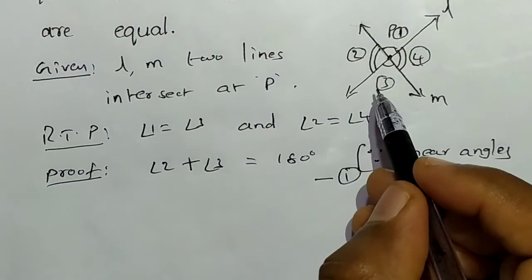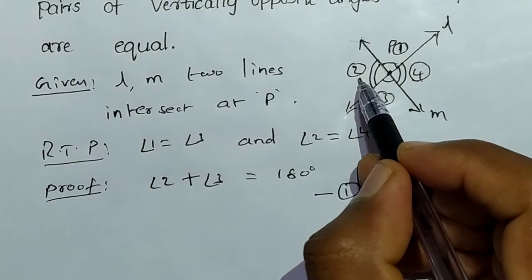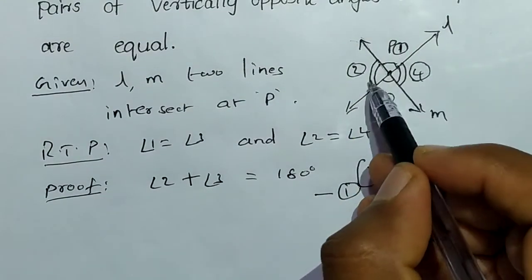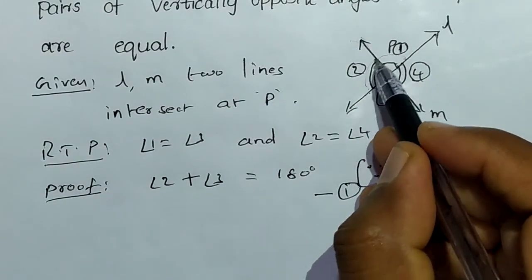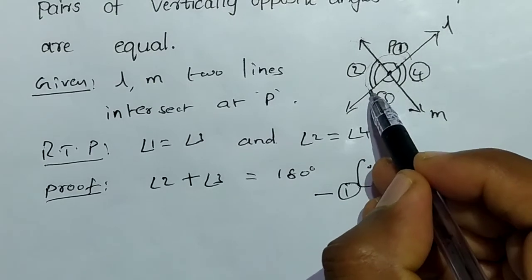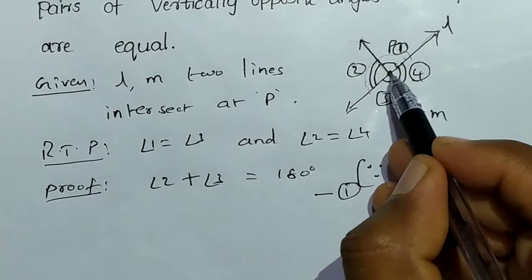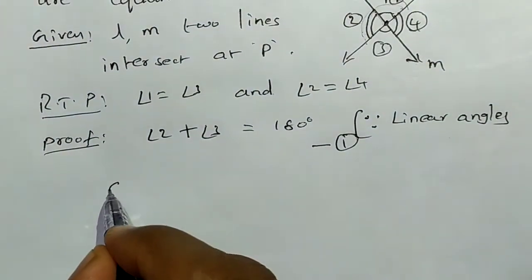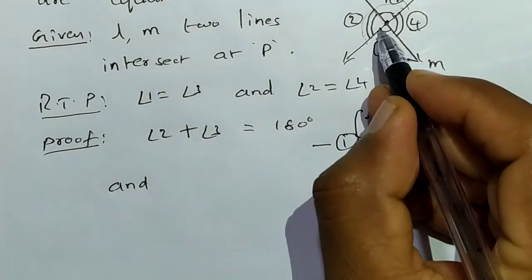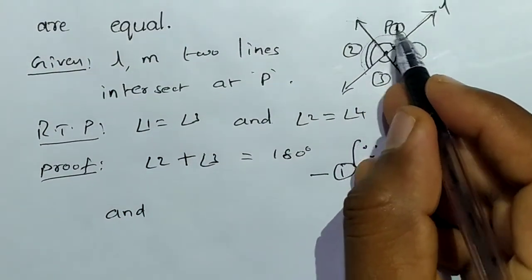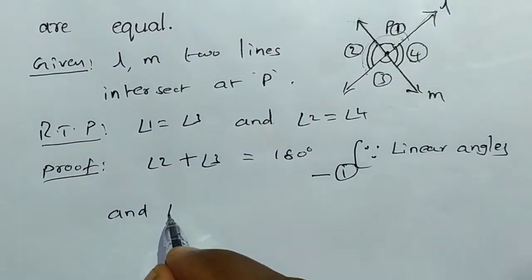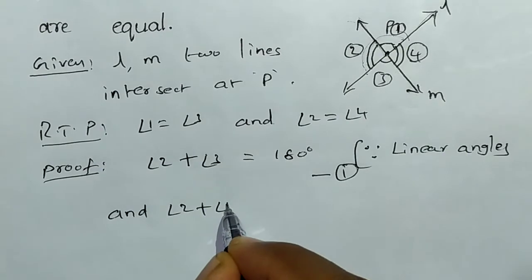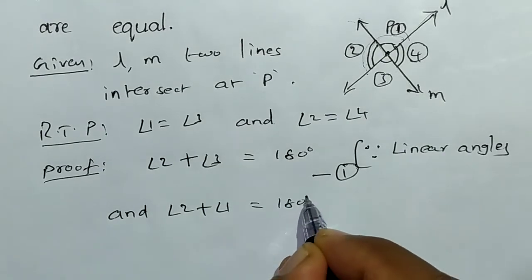Next, angle 2, angle 1. Observe carefully. Angle 2, angle 1. These two angles are also linear angles. These two form a straight angle, right? And angle 2 plus angle 1 is equal to 180 degrees.